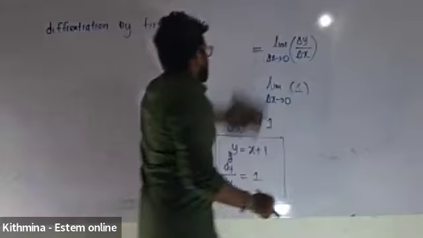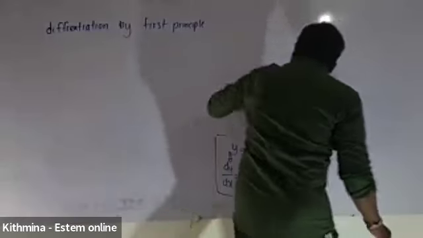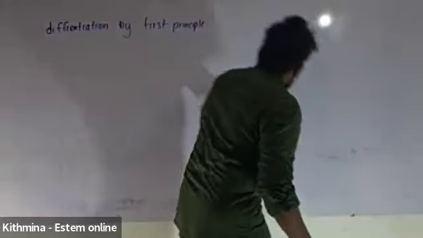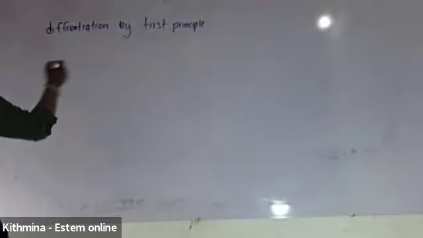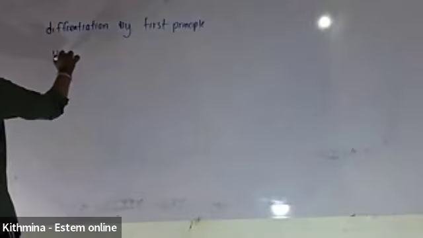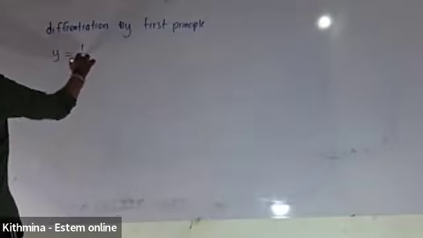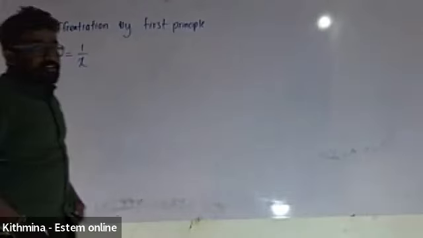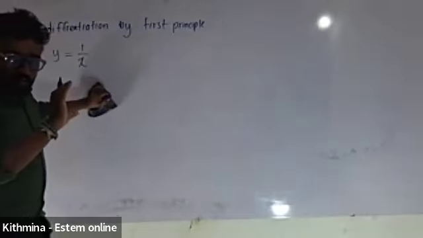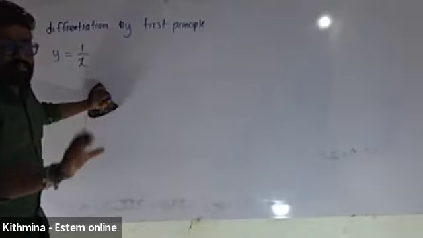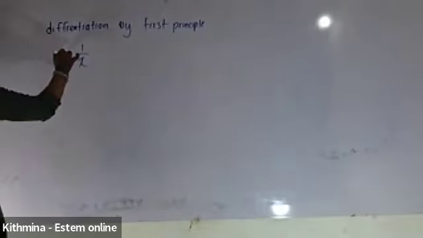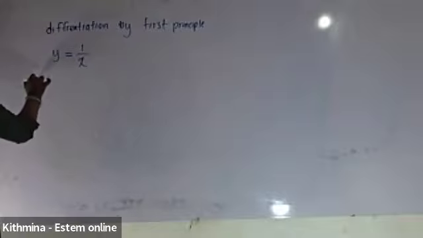Now I'm doing the homework that I gave last week. The homework is y equals 1 over x. Always the same steps. Y equals 1 over x. Then we should write this.